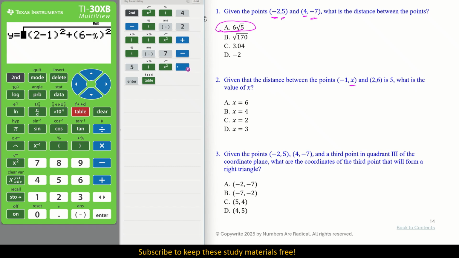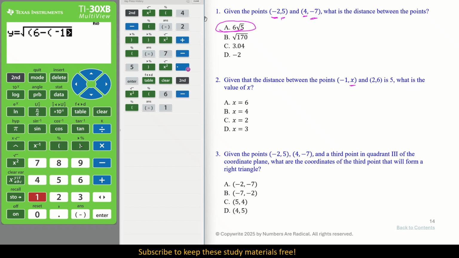So let's push table. Now, we need to clear out what's in here, and say second radical, open your parentheses. So we need 6 minus 1. So 6, subtract in parentheses -1, close it.